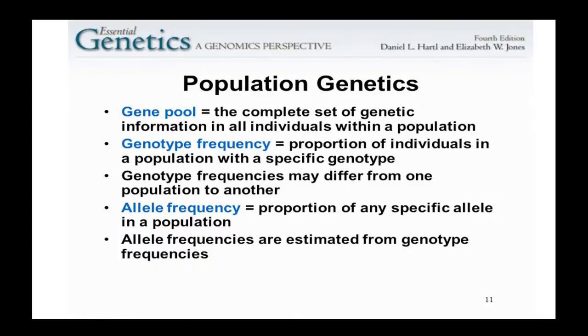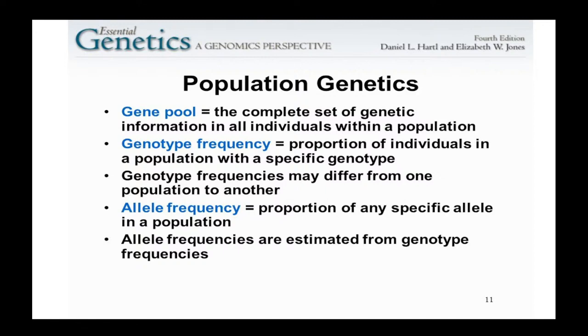The next method of medical genetics is the population statistic method, which studies the genetic processes which happen in a population. The gene pool is the complete set of genes of all individuals in a population. Genotype frequency is the proportion of individuals in a population with a specific genotype.